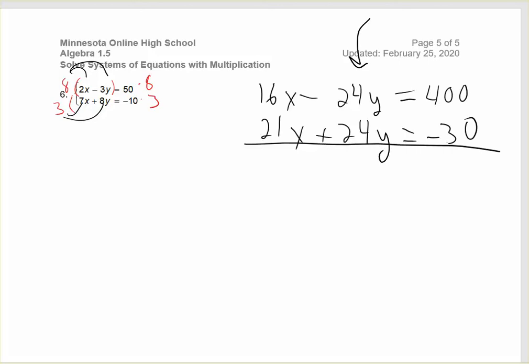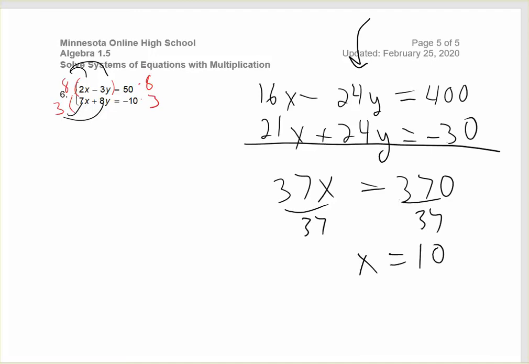So when we add these together, the y term will eliminate. So 16x plus 21x is 37x equals 400 minus 30, which is 370. Then we divide both sides by 37, and we get that x is equal to 10.